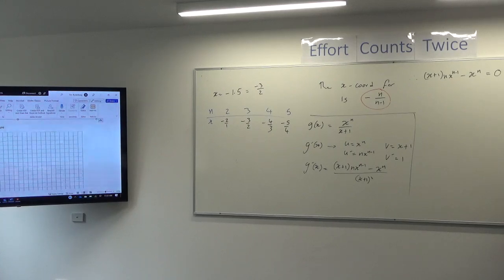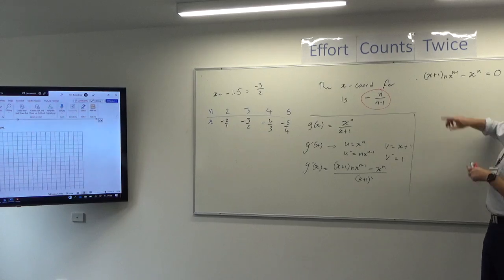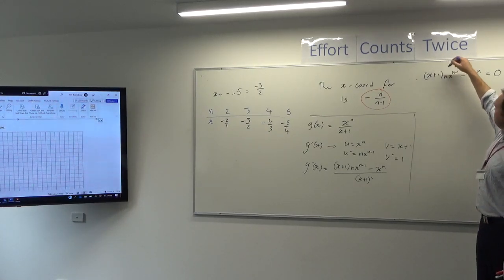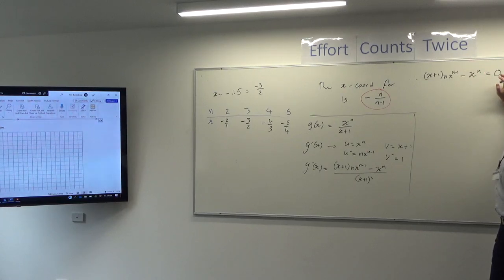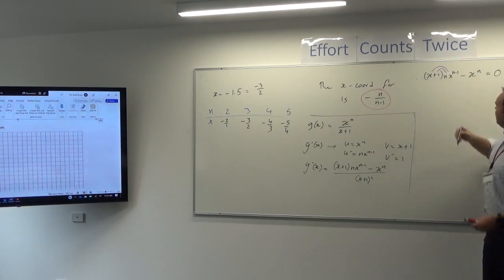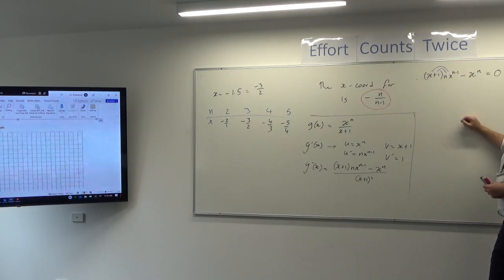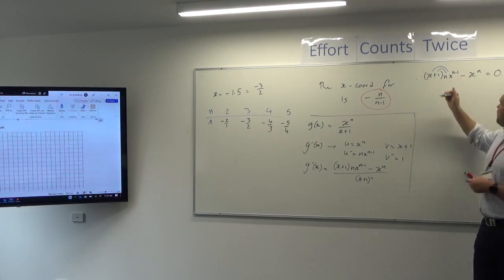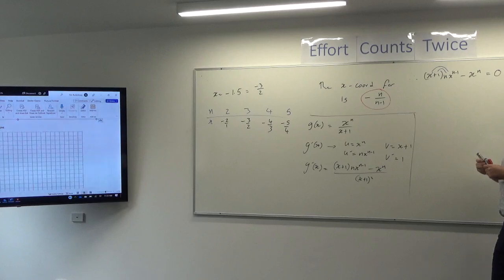Now, if you're hunting this, a couple of things you do. I'd be tempted to expand this out. Yeah, let's try it. Alright, let's expand this out. If we're expanding this out, x multiplied by this, worth reminding ourselves that that's really an x to the power of 1.